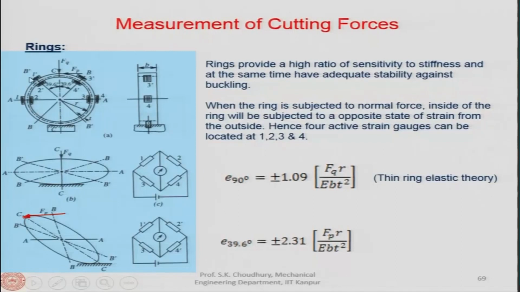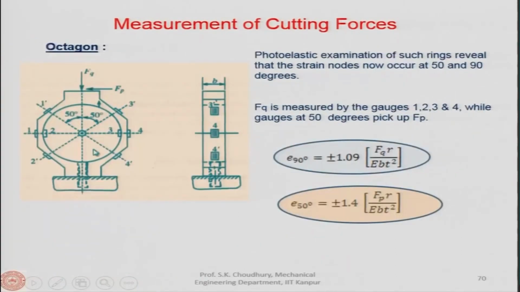So, to strengthen the structure, we have the octagon type. You can see that this is actually a modification of the ring type structure. But the only thing is that in this structure, the strength has become more by giving the octagon shape to the ring.